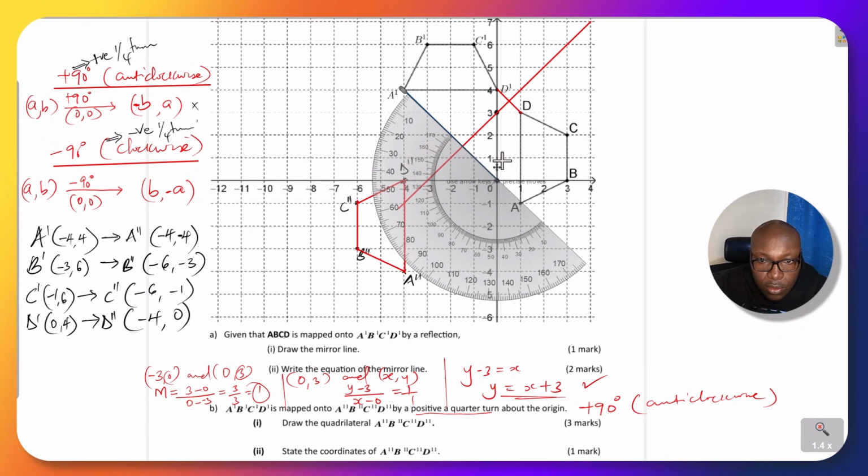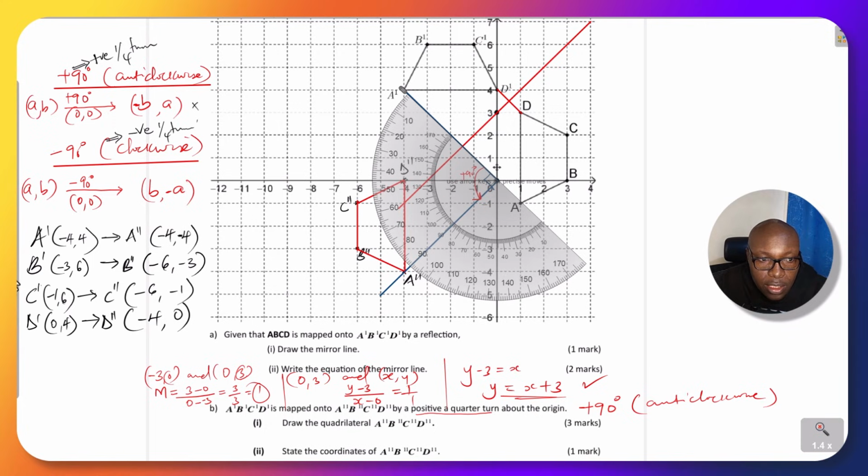So that you'll notice that 90 degrees will be there. You can see that is exactly where I have my point. So from these, you've measured 90 degrees in the anti-clockwise direction, that is positive 90 degrees.